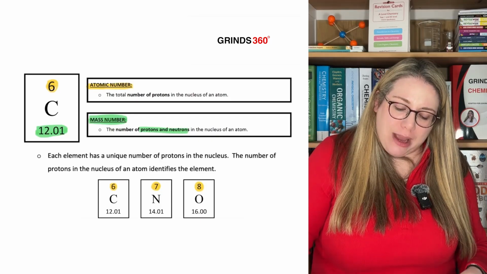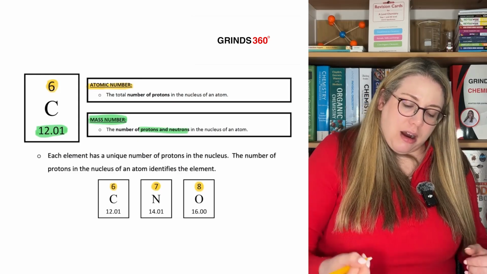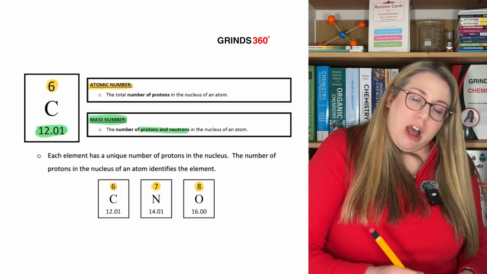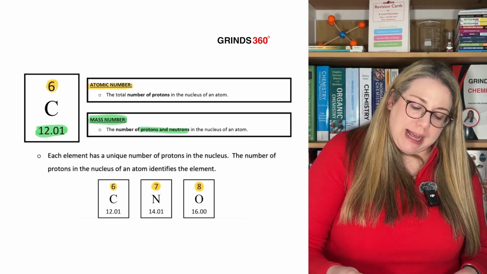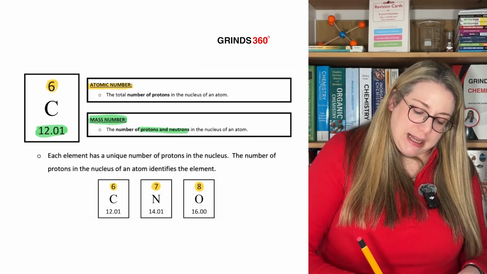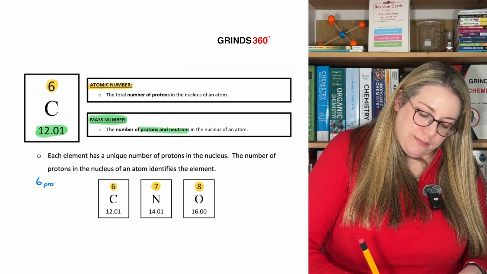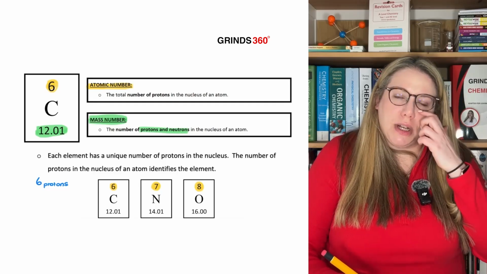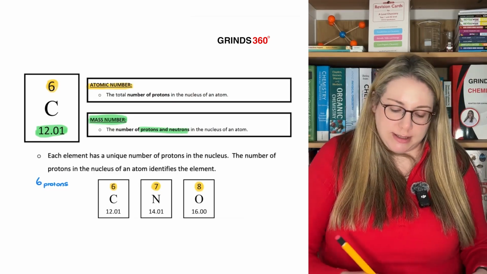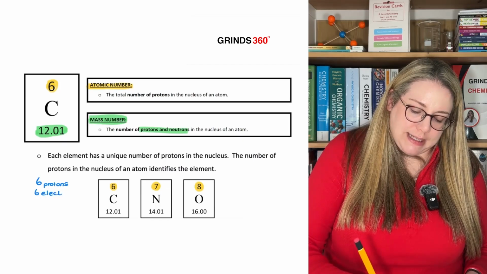Now, if I wanted to count the subatomic particles, let's take carbon, for example. The atomic number we said is the number of protons in the nucleus. Carbon has an atomic number of 6, therefore it has 6 protons in the nucleus. In a neutral atom of carbon, the number of protons is equal to the number of electrons. Therefore, my carbon has to also have 6 electrons.